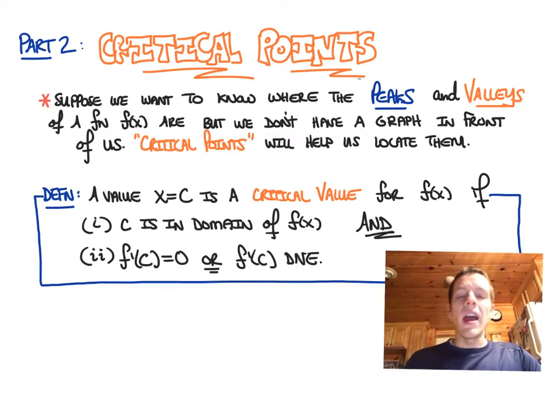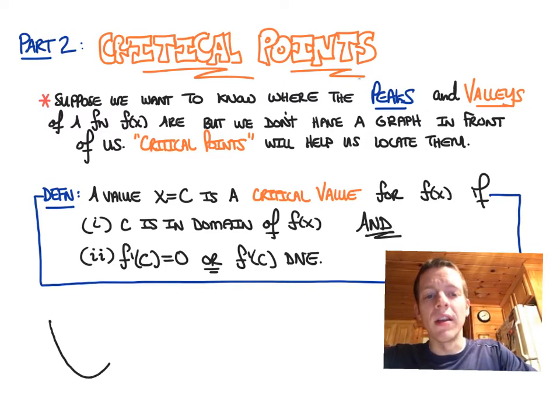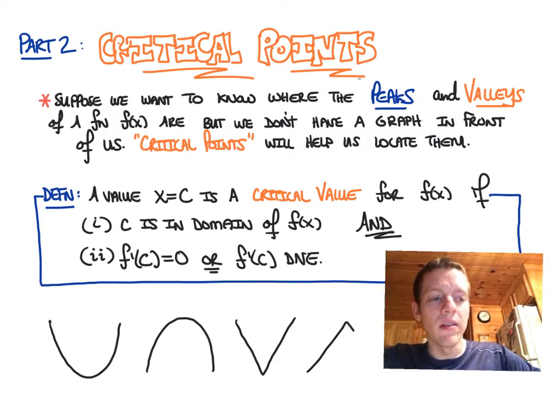And why is that? Well, let's draw some potential peaks and valleys. For example, I could have a valley that looks like this, or a peak that looks like this. I could also have a valley that looks like this, or a peak that looks like this.